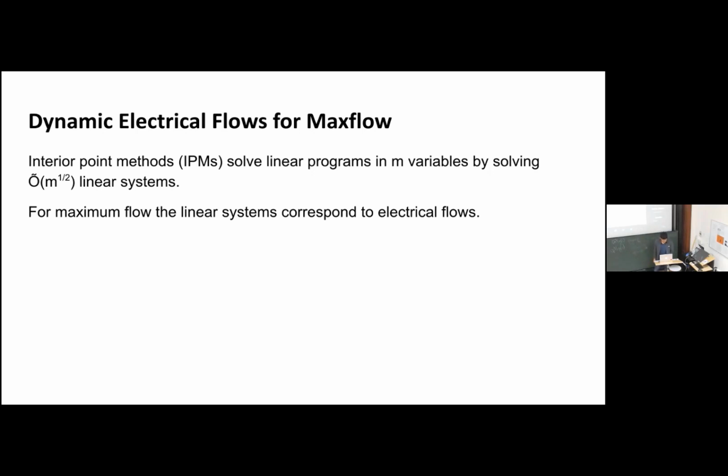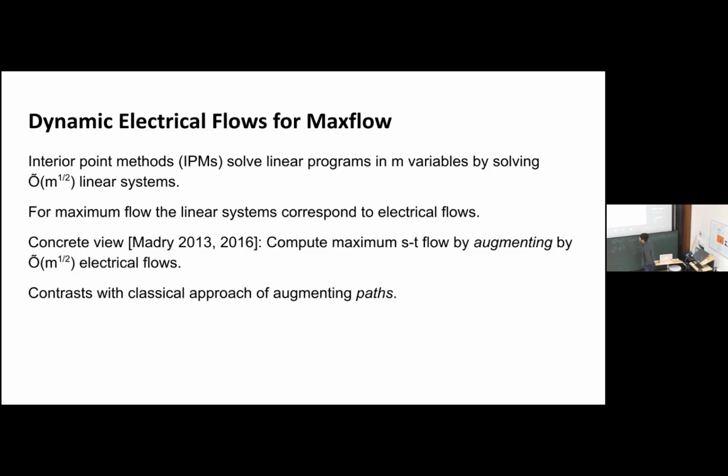Another way to look at it is I can build a maximum flow by using a sequence of square root m electric flows. This is made more formal in Madry 2016, where he gives a way to look at building a Maxflow by just augmenting by a sequence of square root m electric flows and doing some extra processing in between.